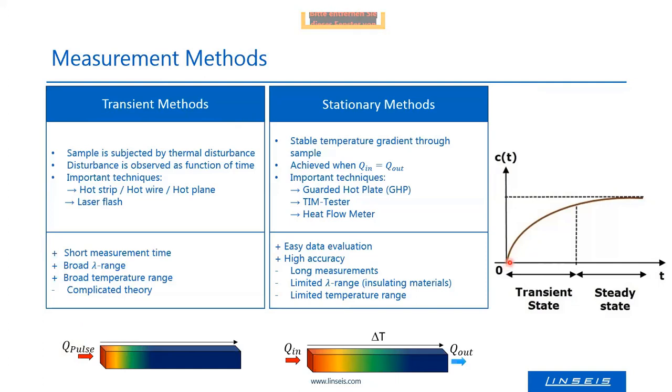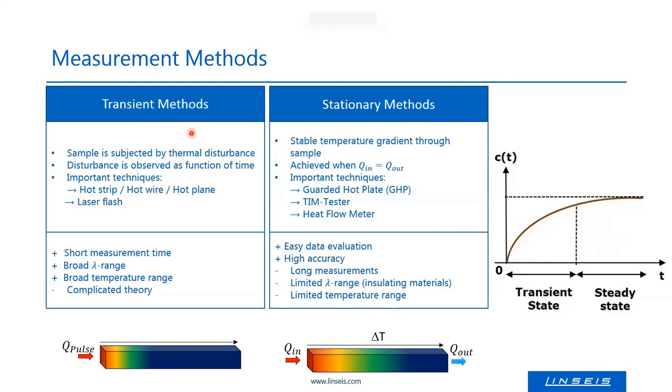You can see in this chart on the right-hand side that when you measure immediately, you can observe an increase of the temperature versus the time. The transient methods measure this temperature increase, and the stationary methods measure the delta T at a longer time where the delta T is constant.